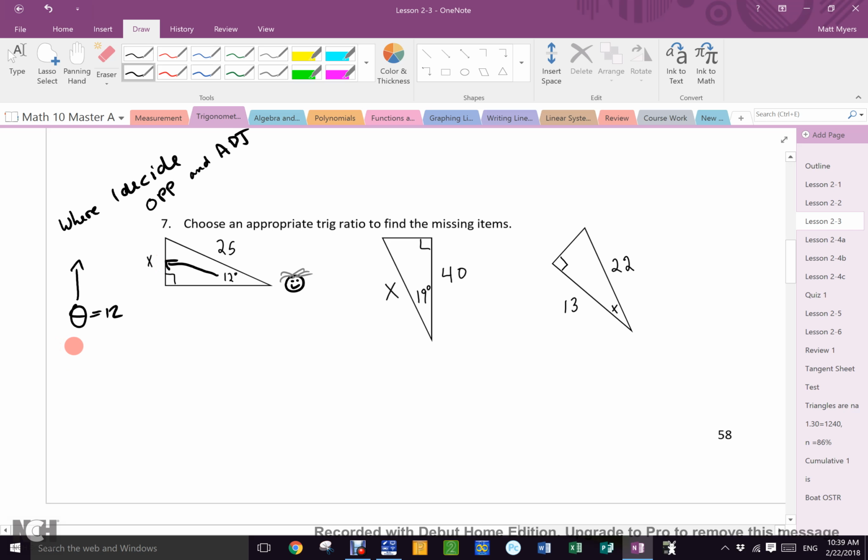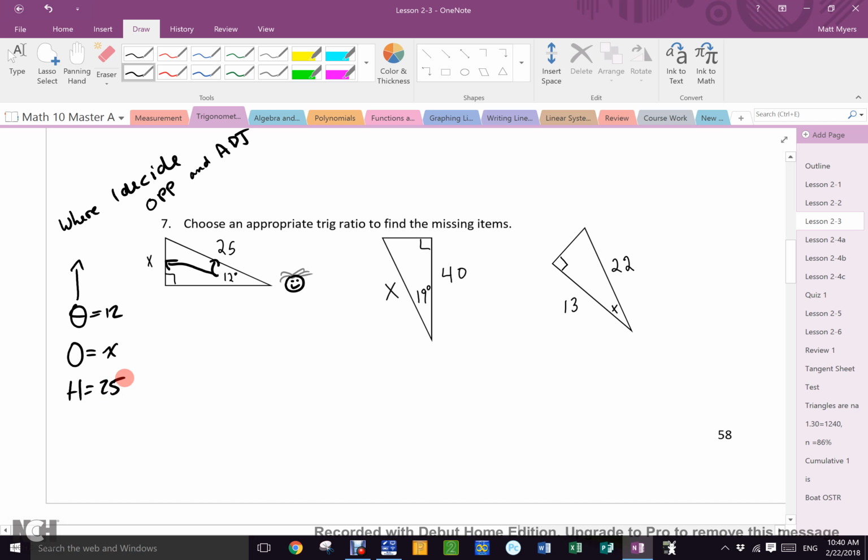Opposite. So opposite equals what value? X. What else do I have? I have that side. What is that? That is the hypotenuse. Even though it's beside theta, it's the one that has its own name. Hypotenuse is 25.